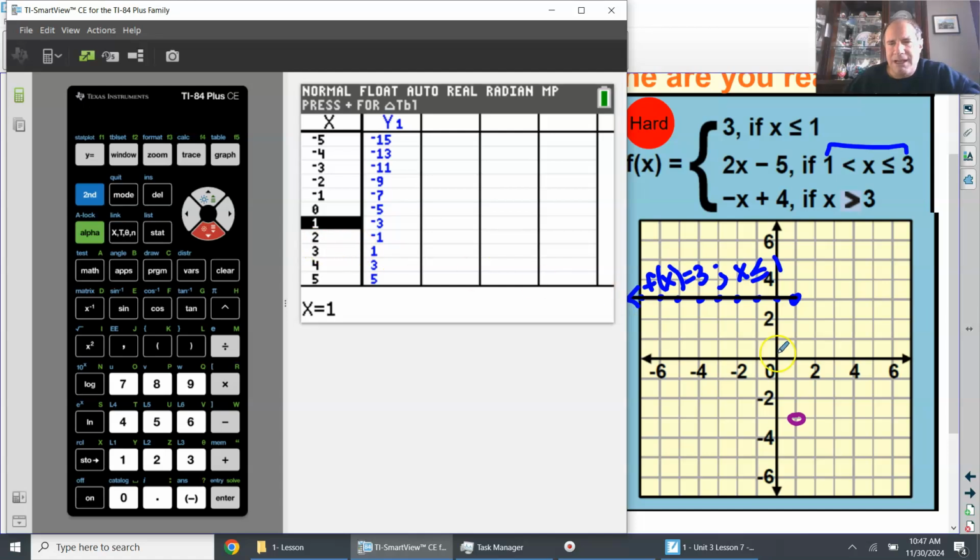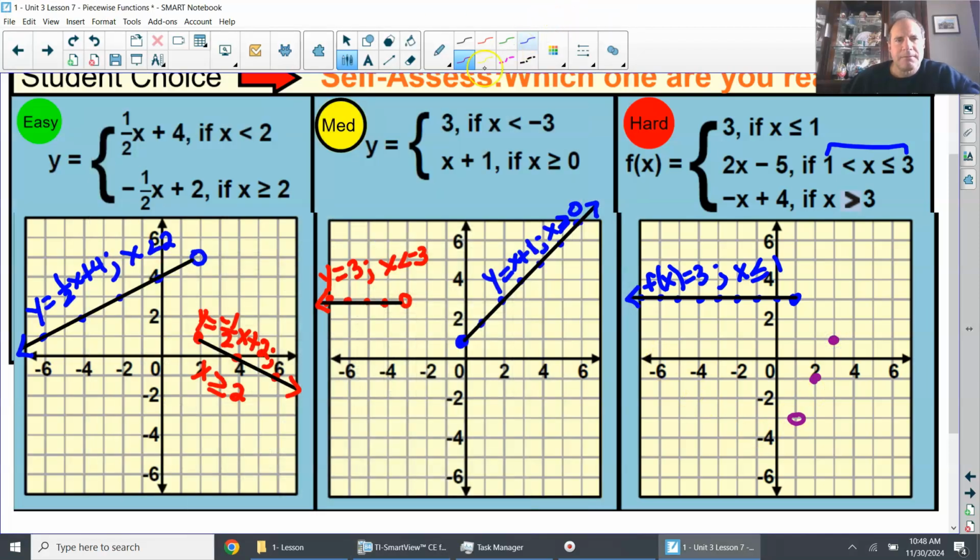And then (2, -1), which is right here. And then 3 is a closed circle, (3, 1). And we finally got that right. Connect that right there and stop right there.